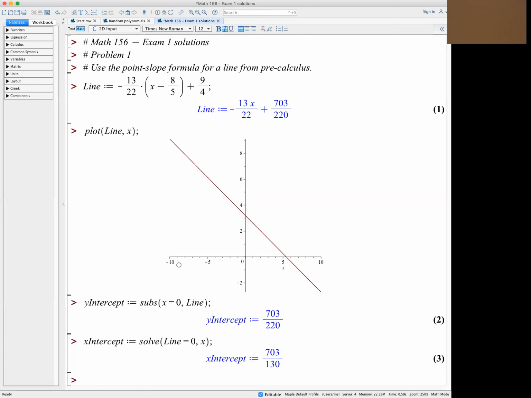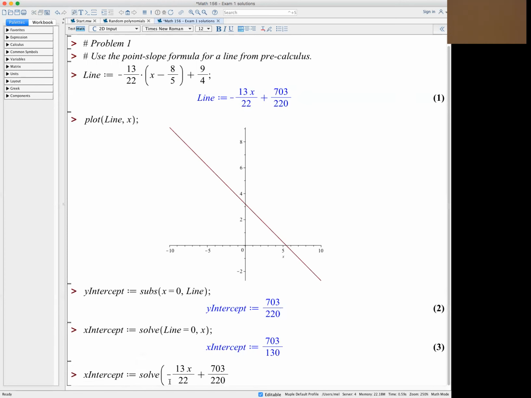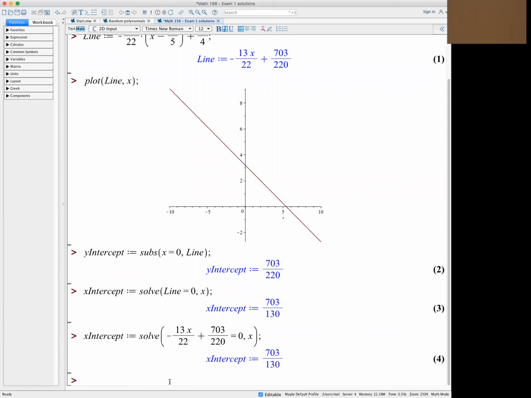Or another way to do it is the same thing exactly. It's what we get when we set this equal to 0 and solve for x. And it's the same thing. So that's problem number 1.